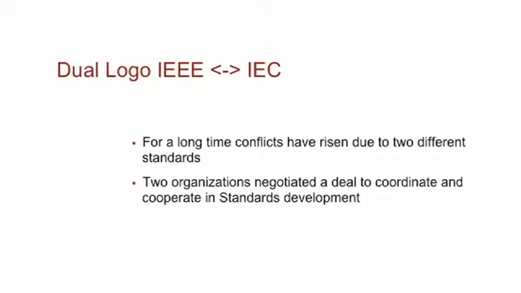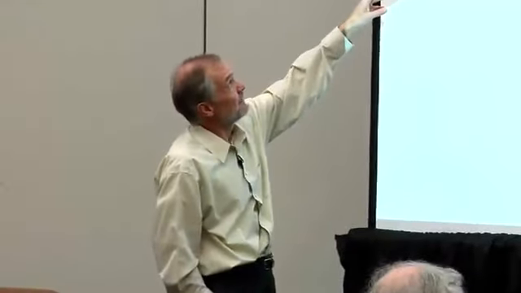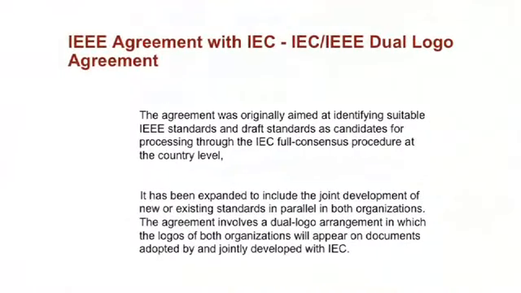So they actually agreed on what we call dual logo, and there's obviously the legal language in this, but they negotiated the deal to coordinate and cooperate in the standards development process. I'll tell you a little bit more about this. First, it was aimed at identifying IEEE standards and draft standards as candidates for processing through the IEC full consensus procedure. And then it has been expanded to include the joint development of new and existing standards.